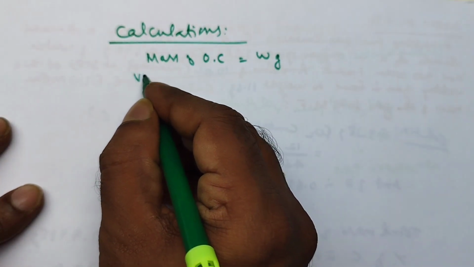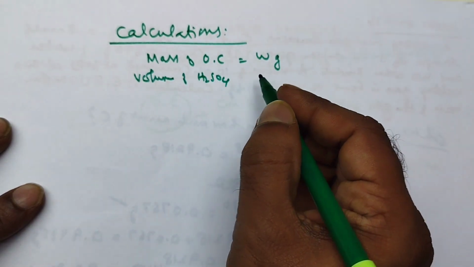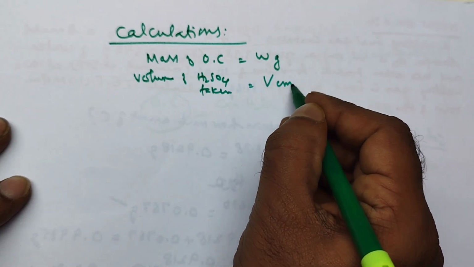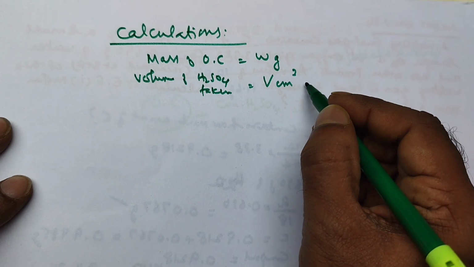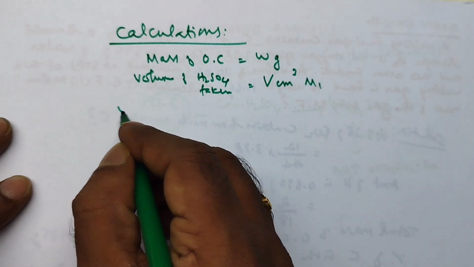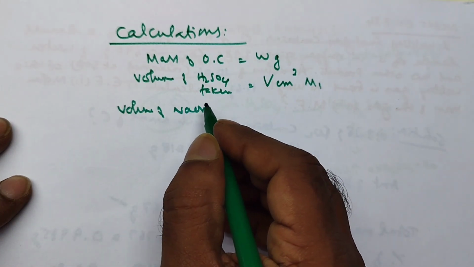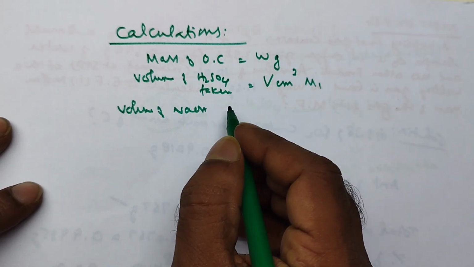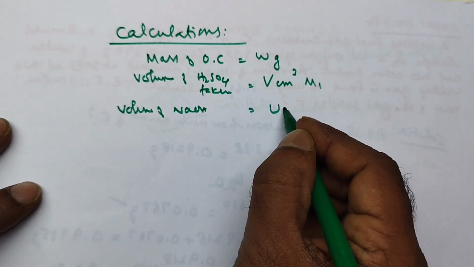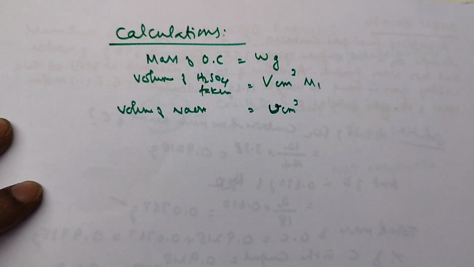The volume of H2SO4 taken is V cm³ of M1 molarity, and the volume of NaOH used for the titration of sulfuric acid is v cm³. This is capital V, and this one is small v.